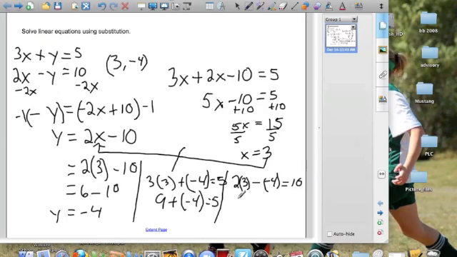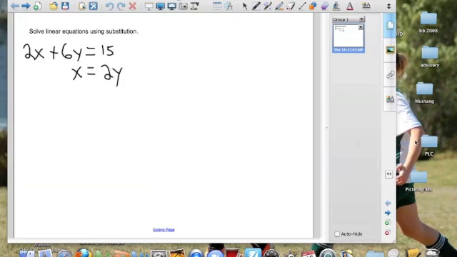So is 6 plus 4 equal to 10? And the answer is yes. So the point (3, -4) is a solution to that linear system by substitution.